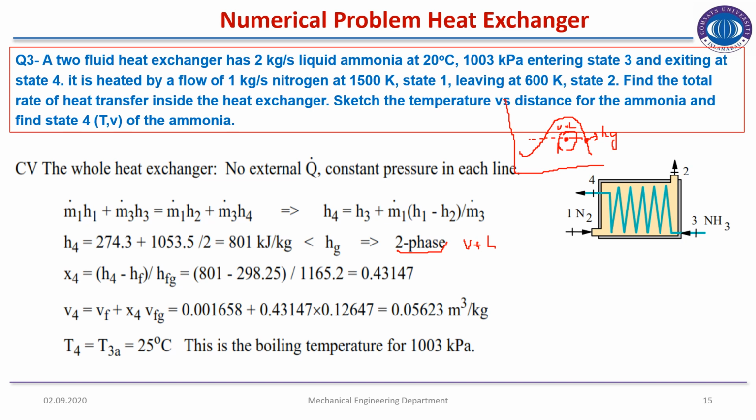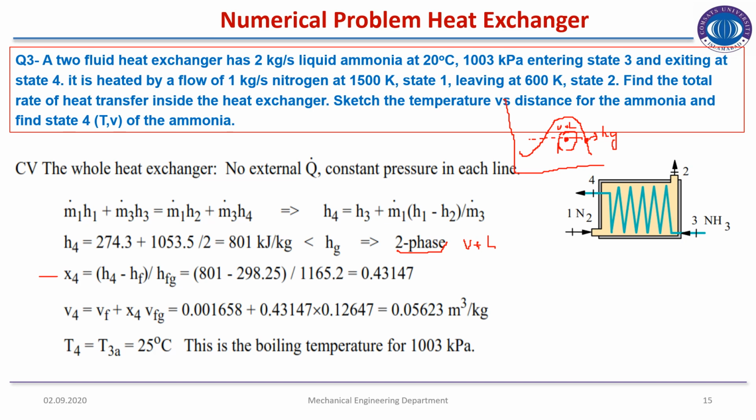So in this step we will find the dryness fraction at state 4. So what is dryness fraction? It is the mass of vapor divided by total mass. Sometimes it is written as quality or dryness fraction. So X4 comes out to be 0.43147.